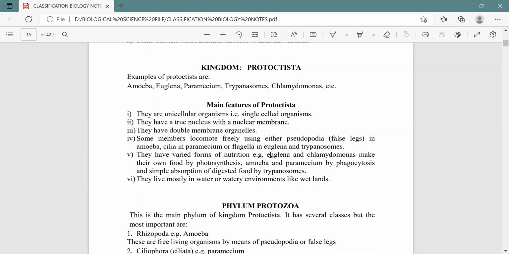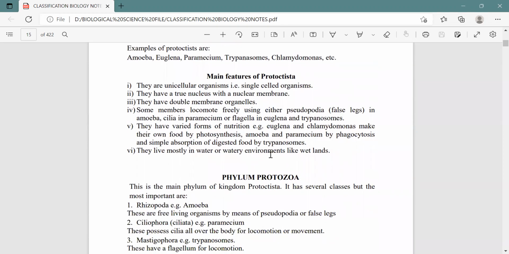They have a lot of features which you can see. They are unicellular, meaning the entire organism has a body of one cell. They are not multicellular like the plants, the fungi, and the animals. No, they have the entire body made up of only one cell. That is why we use the term unicellular.